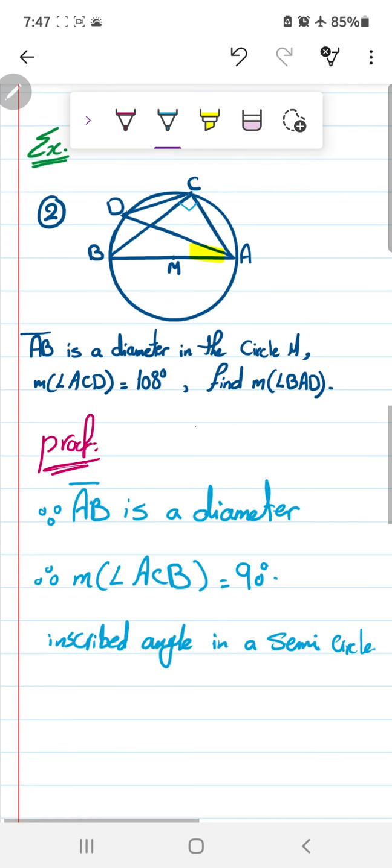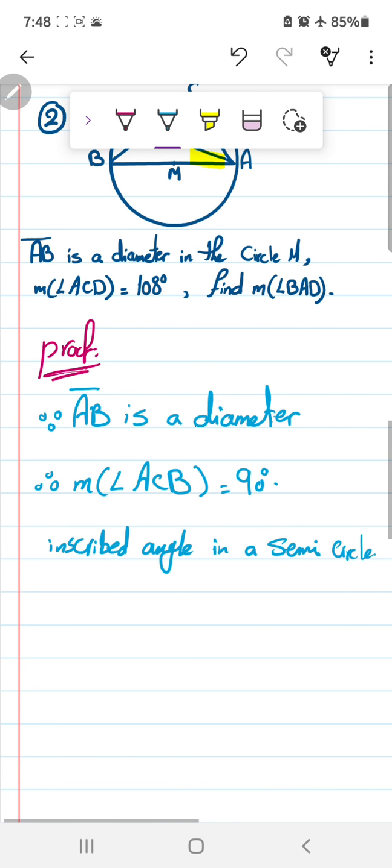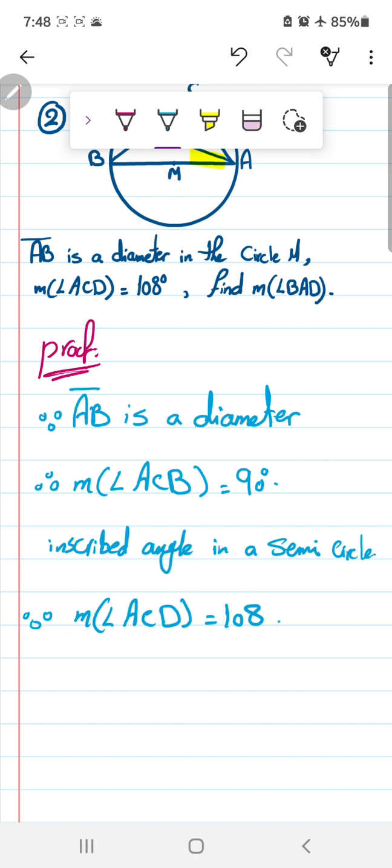Okay, so we have the given angle ACD, all of this, is 108. To get this part, subtract 108 minus 90 degrees. So since the measure of angle ACD equals 108, therefore the measure of angle BCD equals 108 minus 90 degrees, which is 18 degrees.